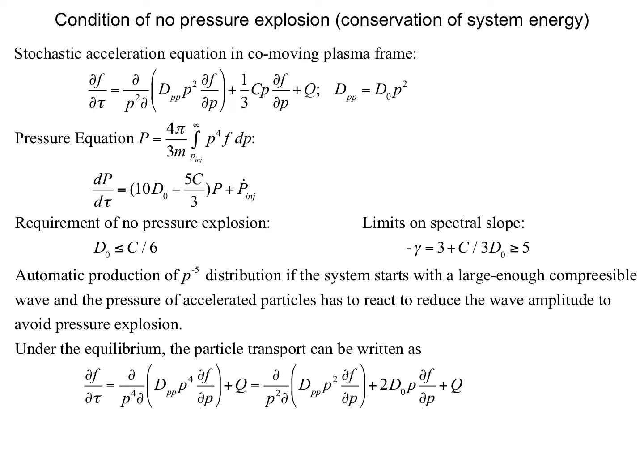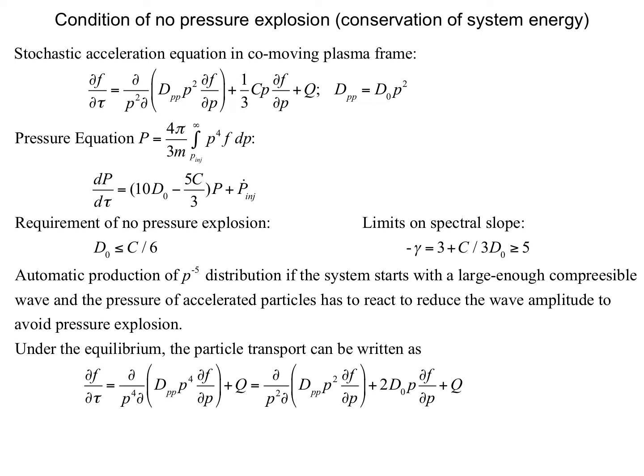Given the particle transport equation in the co-moving plasma reference frame, here is the diffusion of particle momentum, adiabatic cooling, and the source. With the equation, we can integrate over momentum to establish an equation for the pressure.